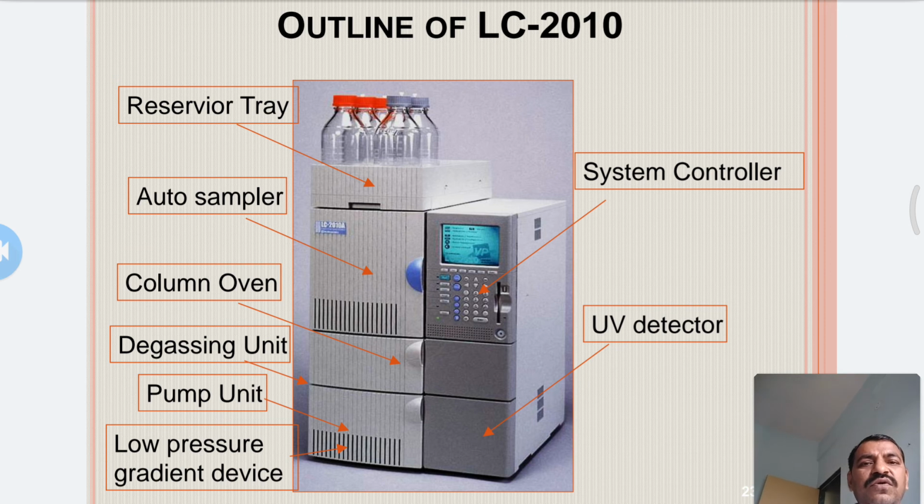Then the column oven, degassing unit, pump unit, low pressure gradient device, which maintains the pressure, then the system controller, and last the detector. There are different types of detectors used, sometimes a UV detector or a fluorescence detector.